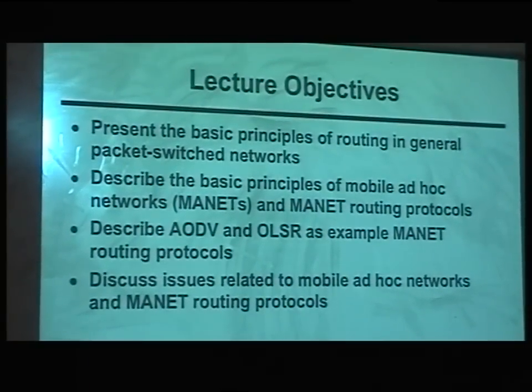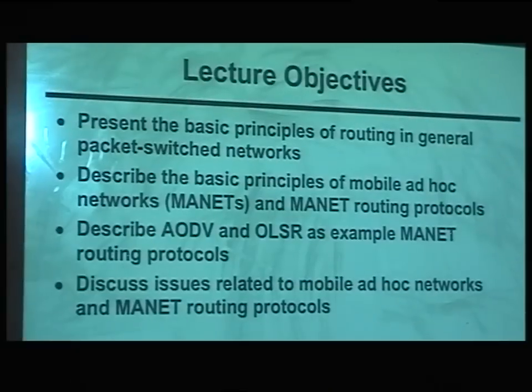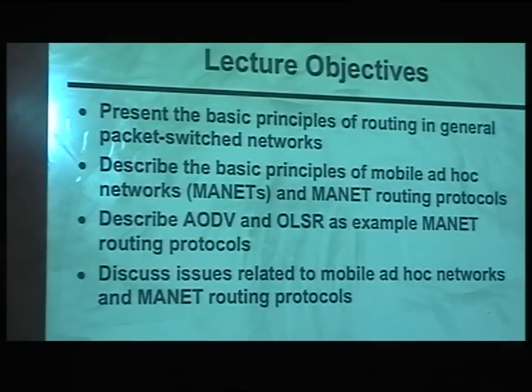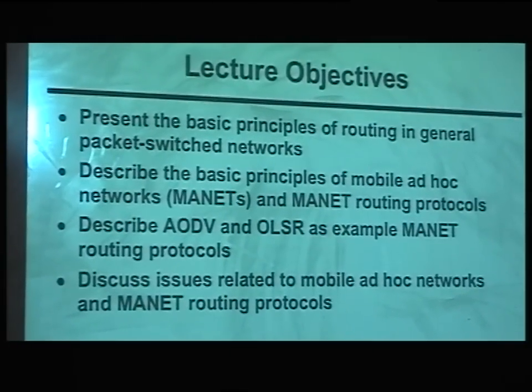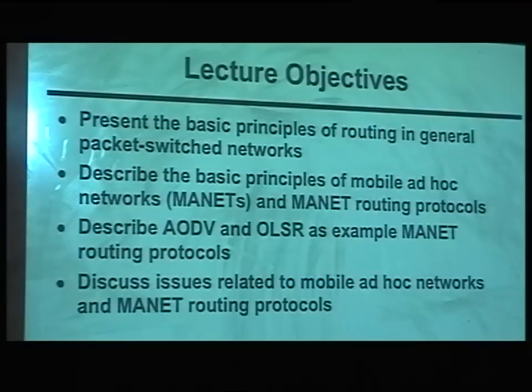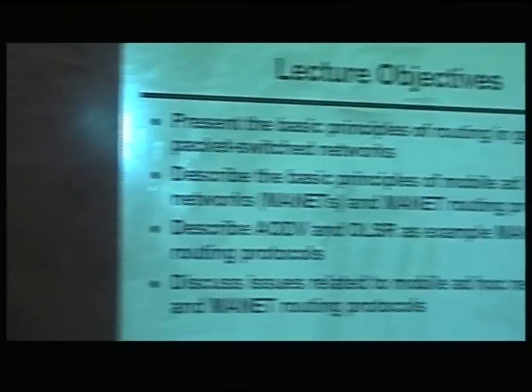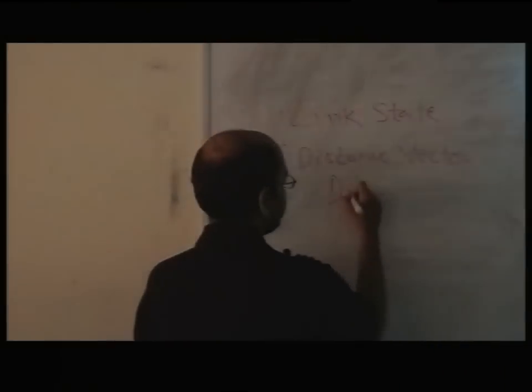Since there are two algorithms, who came up with distance vector and who came up with link state? So let's talk about the history now. You know the names of the scientists who came up with these two algorithms. You should at least know link state: it's Dijkstra, right?